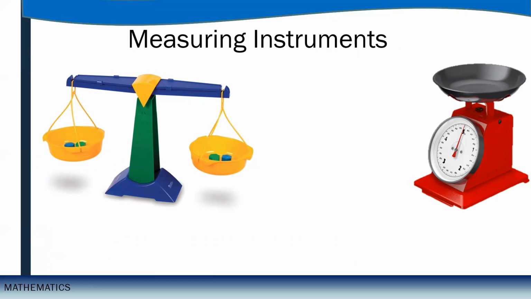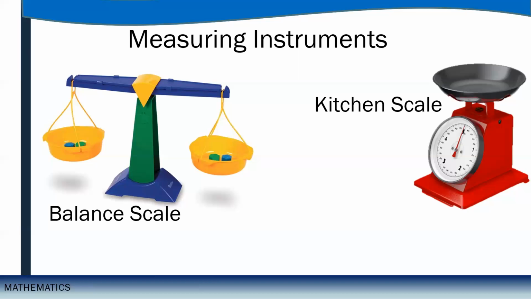Boys and girls, I want you to look at these measuring instruments. Do you know what they are called and what they are used for? Yes, boys and girls. The instrument on the left is called a balance scale, while the measuring instrument on the right is called a kitchen scale.